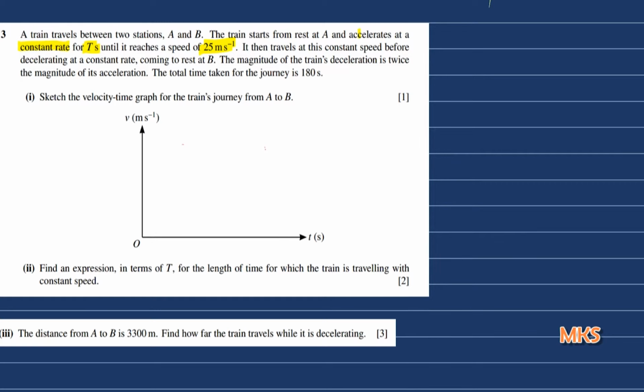So definitely, from the first part it accelerates at a constant rate, so there will be a straight line up to 25 meters per second in t seconds. Then it moves with a constant speed, which will be a horizontal line.